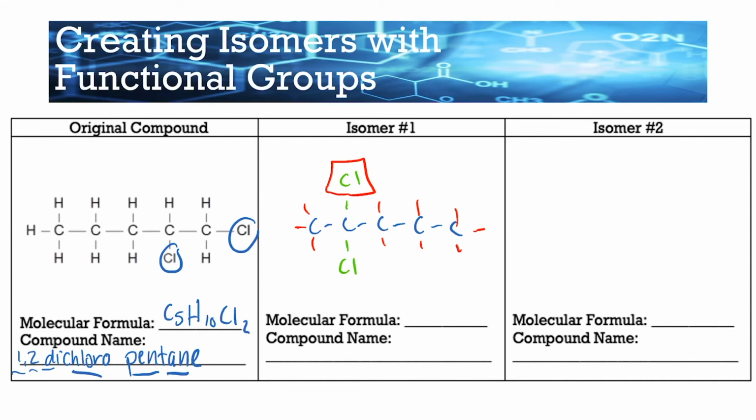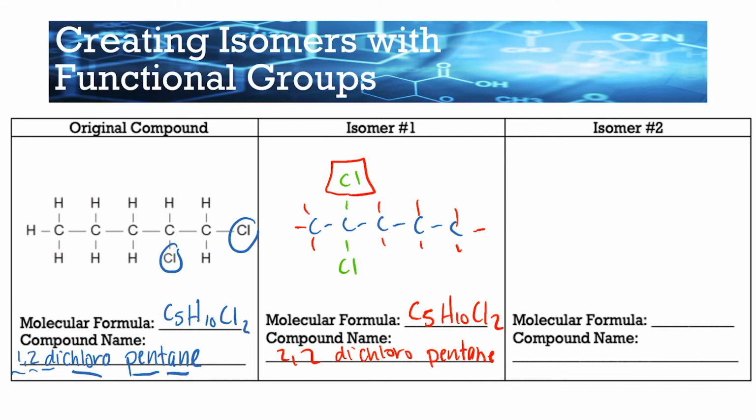The dashes only are invisible H's. So if we're looking at this formula, it is still C5H10Cl2. But the name for this one is still dichloropentane. But when you give the location of the chlorines, they're now both on carbon number 2, so it would be 2,2-dichloropentane.